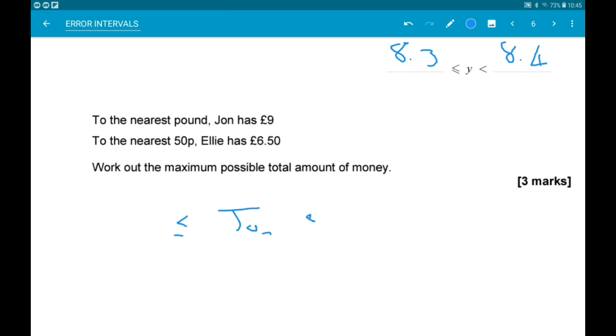Now, because money can only end in a certain amount of pence, the upper bound here can actually be or equal to, because there's no silly 0.99999 going on. So the smallest amount John could have would be £8.50. Now the greatest amount he could have would be £9.49.